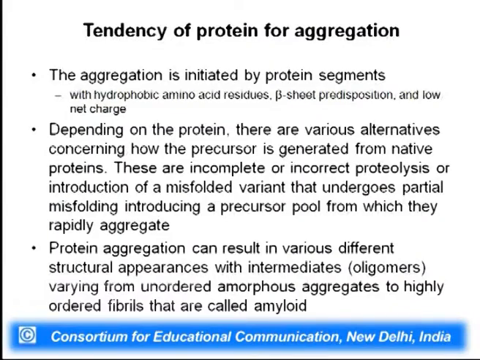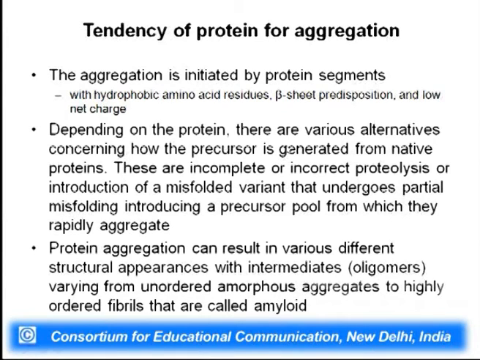They will have a predisposition for beta sheet formation, and they will have a low net charge. All these things will suggest that the protein will go towards an aggregation pathway. Many times when I am saying beta sheet predisposition, if there is an aromatic residue within the beta sheet, it further causes the beta sheets to become aggregated, and fibril formation occurs very quickly in those.